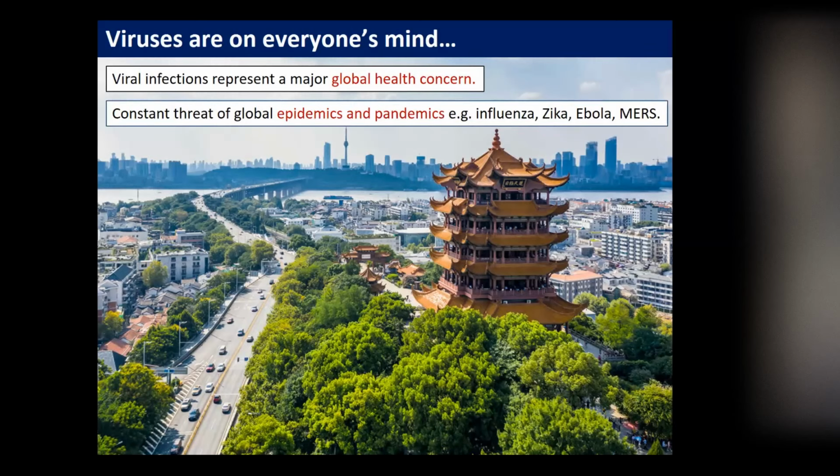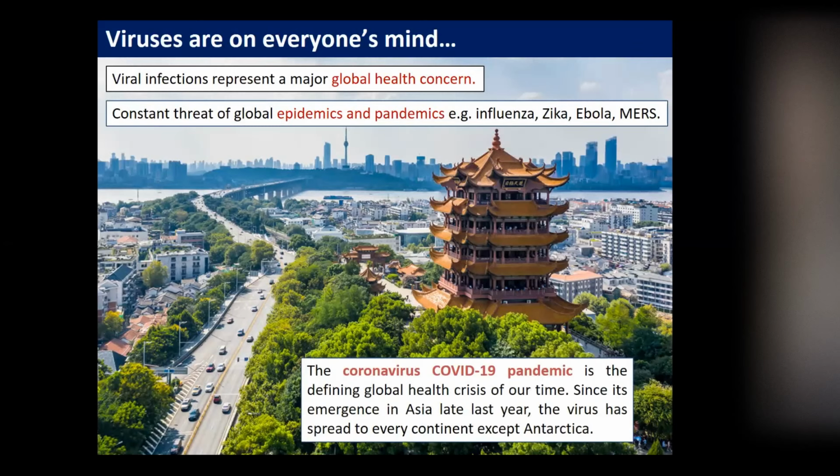There's Ebola, which has caused a huge outbreak in Western Africa since 2015, and that's still ongoing. And there's another coronavirus which causes Middle Eastern respiratory syndrome, centered more around the Arabian Peninsula. But I think that none of these have had as much of an impact as the current coronavirus, or COVID-19 pandemic, which is really the defining global health crisis of our time.